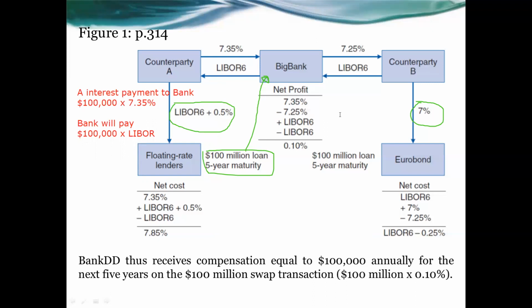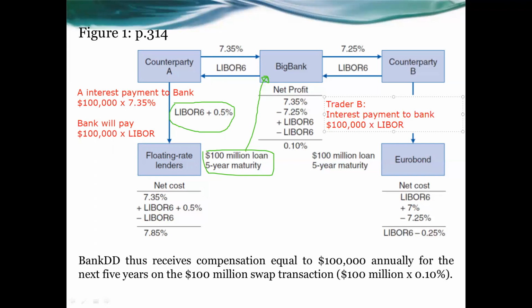Now look at trader B's situation. Trader B pays interest to the bank, which is 100 million into LIBOR rate.